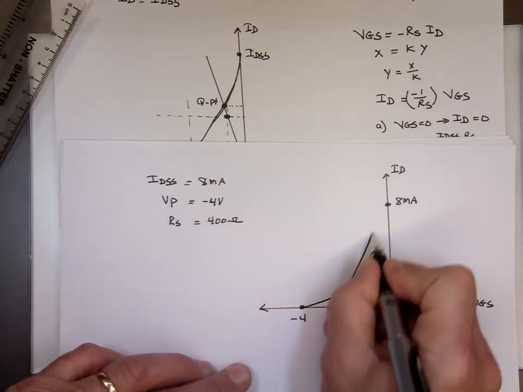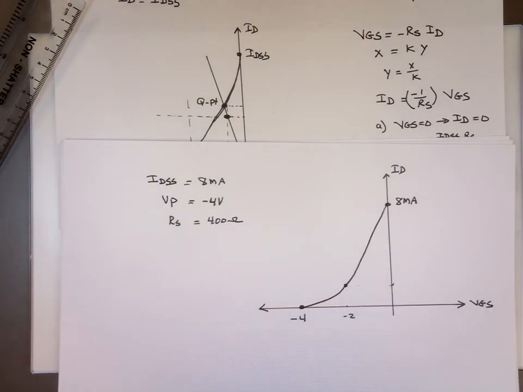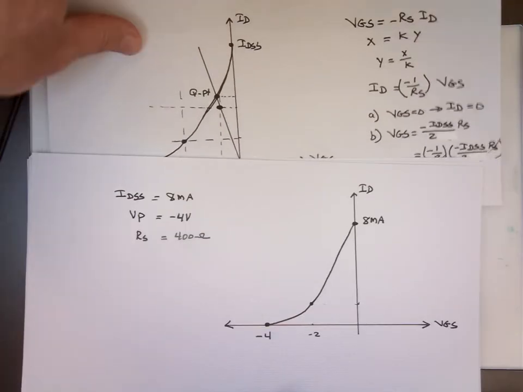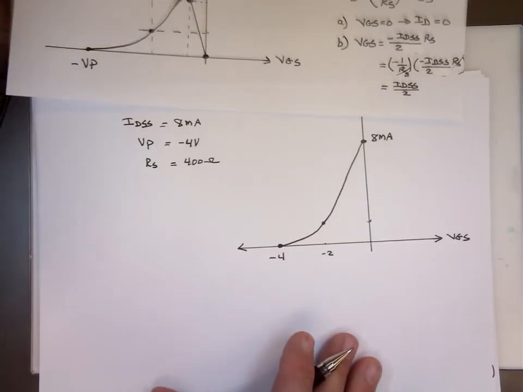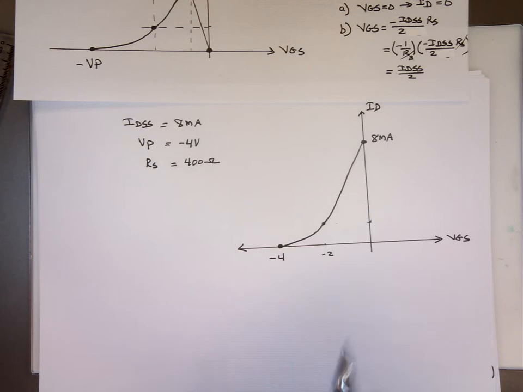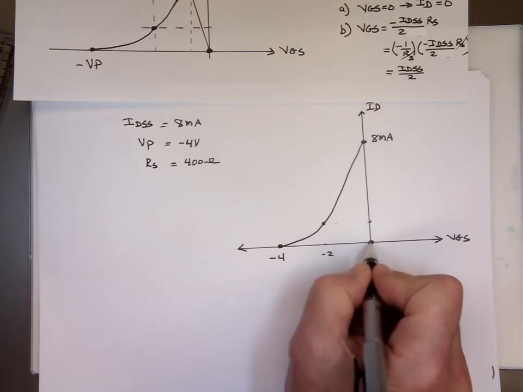I sub D. Now let's go and graph that equation here. When it's 0, it's 0. In my next value, let me pick these numbers here.